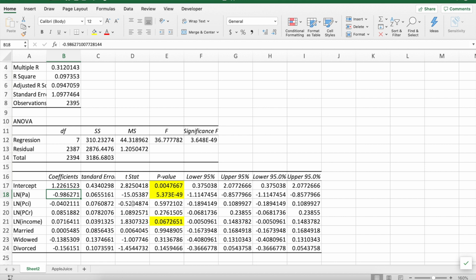So it's almost unitary elastic, which means that the way we'd interpret this coefficient is if the price of apple juice increases by 1%, then quantity demanded will decrease by 0.986%. Okay? So it's almost 1, meaning that as the price of apple juice goes up by 1%, quantity demanded should go down by almost 1%.